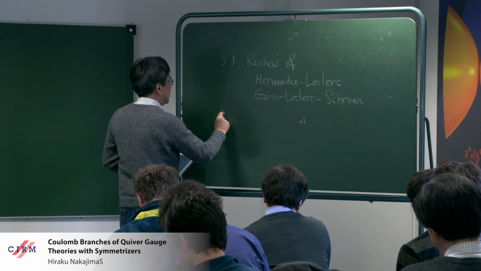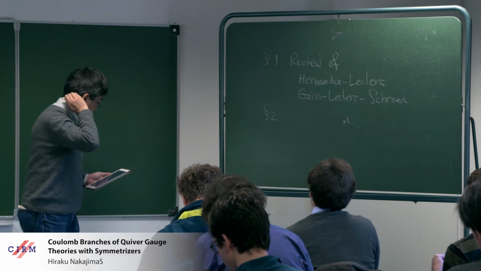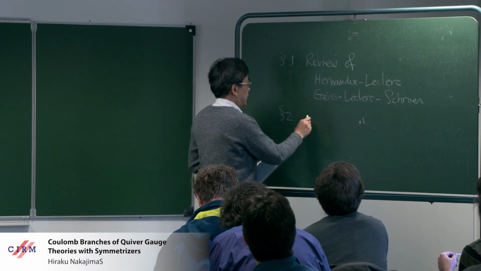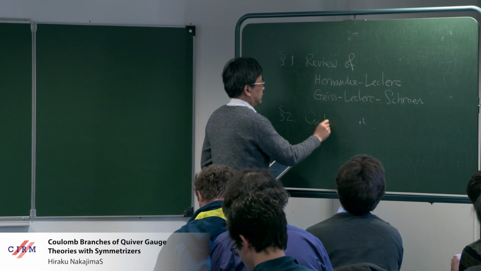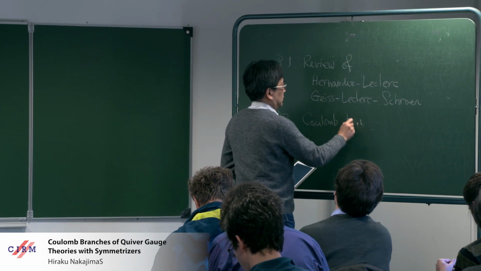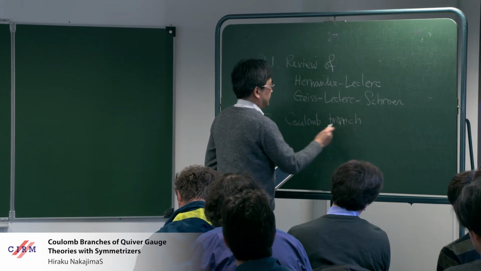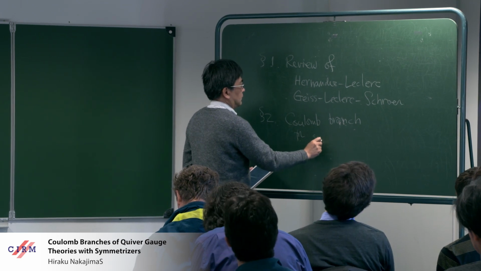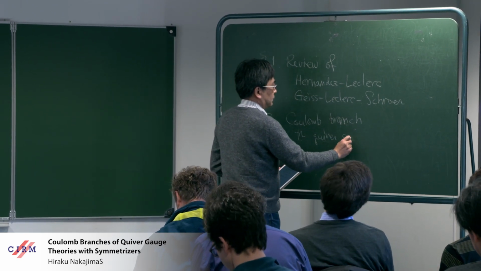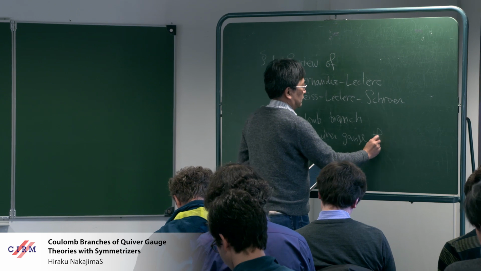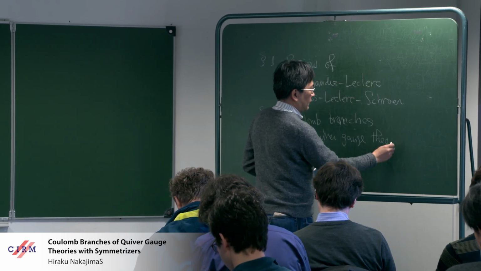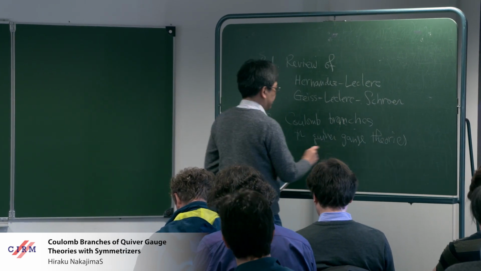And the second part is the main part, and this is the definition of Coulomb branch for theories with symmetrizers.